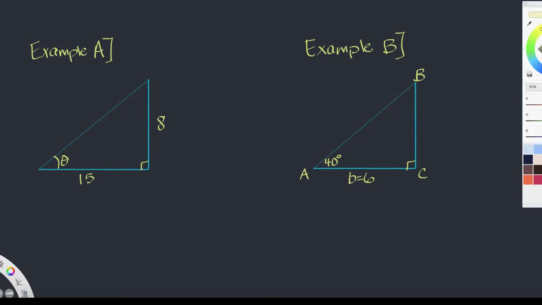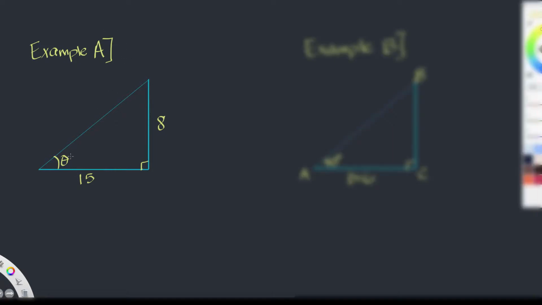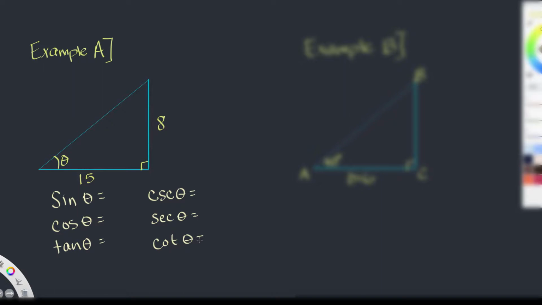Okay, we can look at a couple of examples here. Our first example asks us to give the 6 trig function values of angle theta here. As a reminder, we're looking for sine of theta, cosine of theta, tangent of theta, and then the reciprocal functions, our new ones: cosecant of theta, secant of theta, and cotangent of theta.